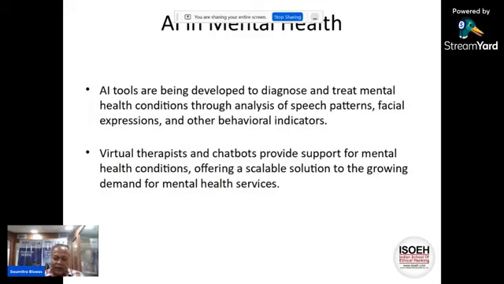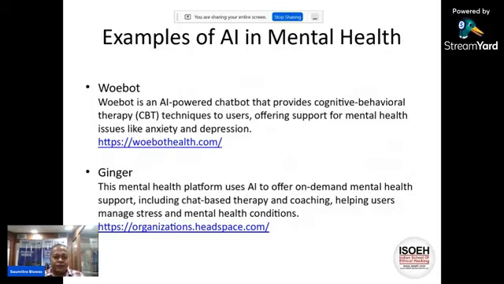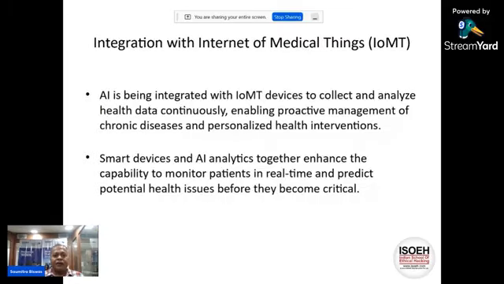And people say things like that because they're scared about privacy. Now, these two chatbots, they can talk to you, they can talk to anyone and solve to some extent the mental health problems. Ginger and Woebot.